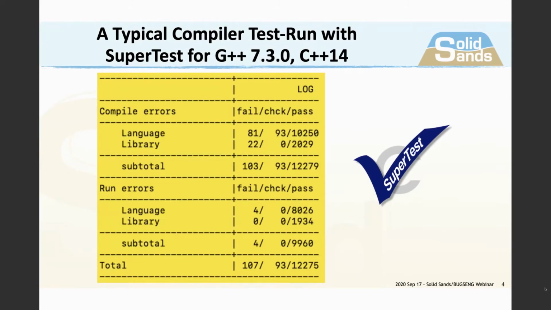I've done a test run with the GCC compiler. The precise version is not so relevant. This will happen also with the latest version of GCC. What we see here at the top part is verifying for compile time errors, and that includes checking the diagnostics of the compiler. That's an area where many compilers are quite weak. In this case, we also see that with the default settings of compiling C++14 with GCC, we get quite a number of failures in the diagnostics, about 200 in total.